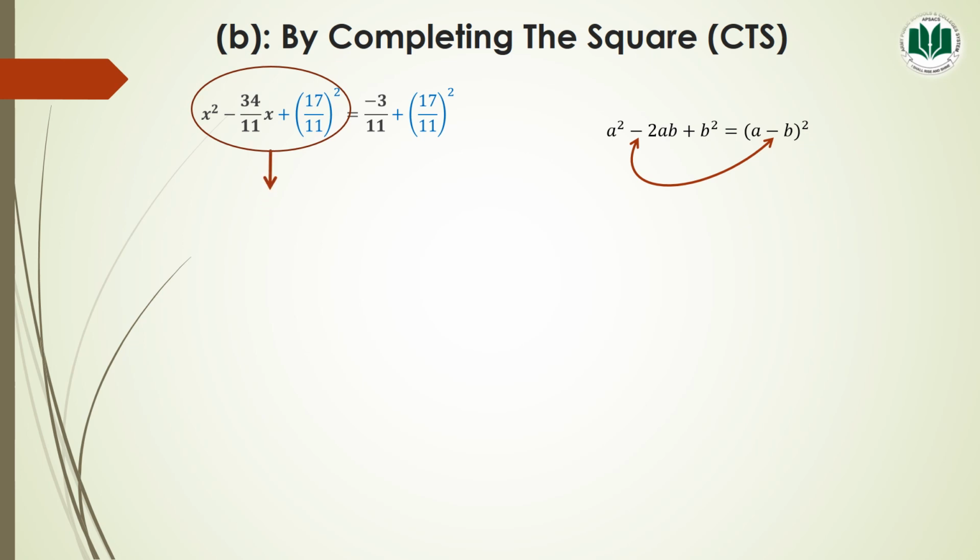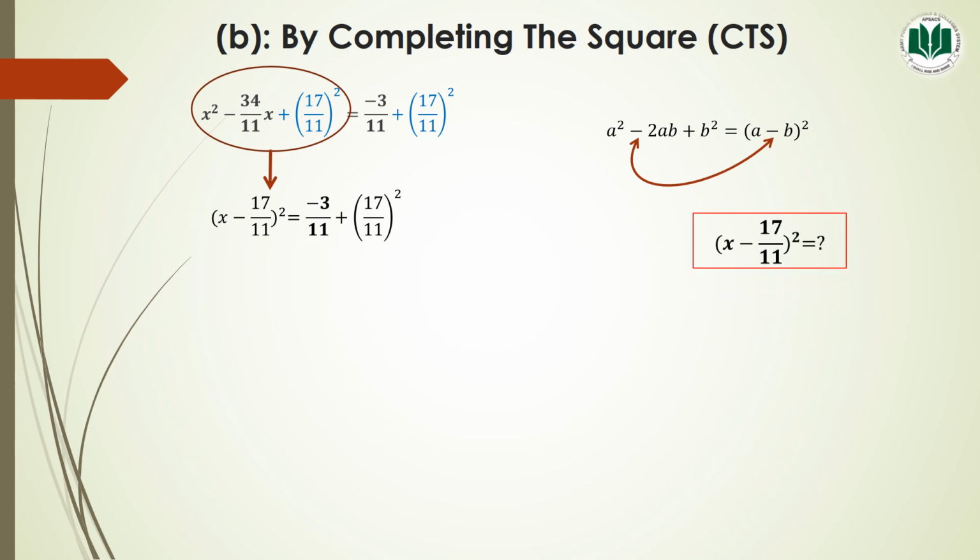So by closing the identity on the left hand side, we have x minus 17 by 11 whole square is equal to minus 3 by 11 plus 17 by 11 whole square as it is. If you take this and open the square, you will get the same expression again. So you can try this.